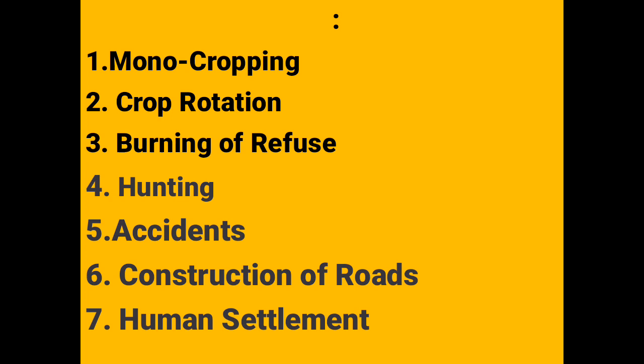Good. Hunting. Hunting is a situation whereby farmers and hunters go to the forest or the bush in order to hunt and kill animals, either for sale or for consumption. Now, in order to make the hunting easier for them, when these hunters get to the bush, they arrange and then they set this bush on fire.